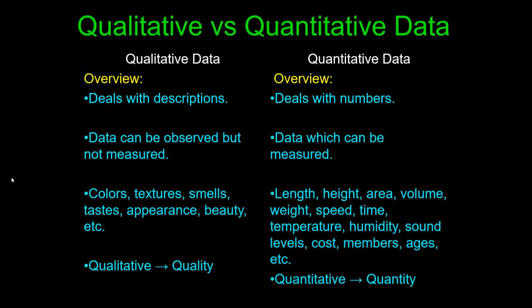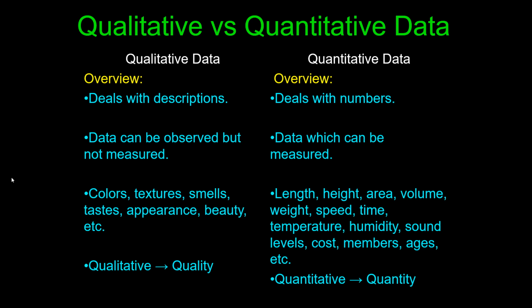So qualitative data is going to be more descriptions. It's data that can be observed but not measured. So things like colors, textures, smells, taste, appearance, etc. So qualitative is quality, and then quantitative deals with numbers.